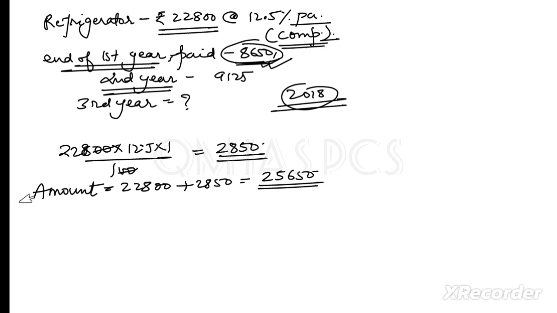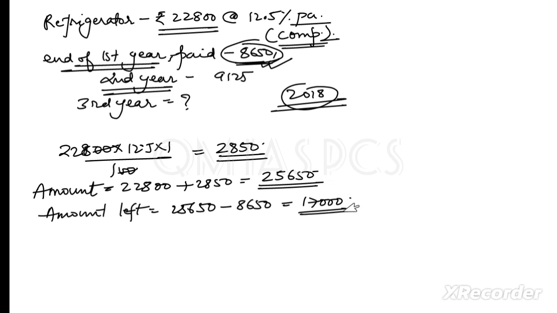So amount left is equal to 25,650 minus 8,650. What will be the value? It will be 17,000. This will be the principal for the second year.